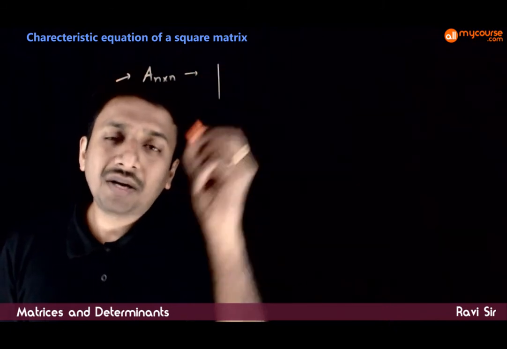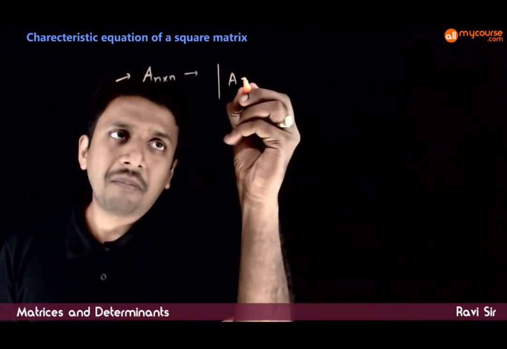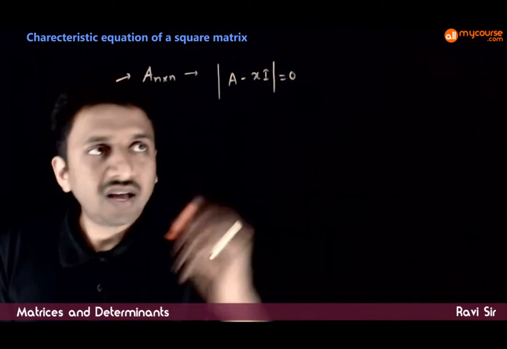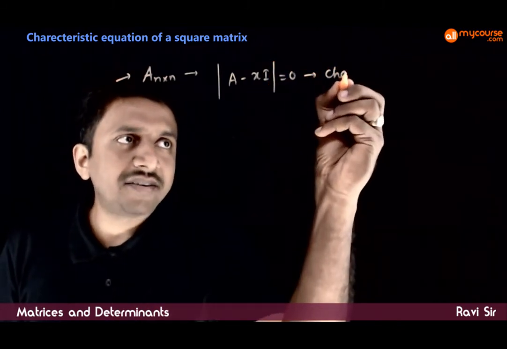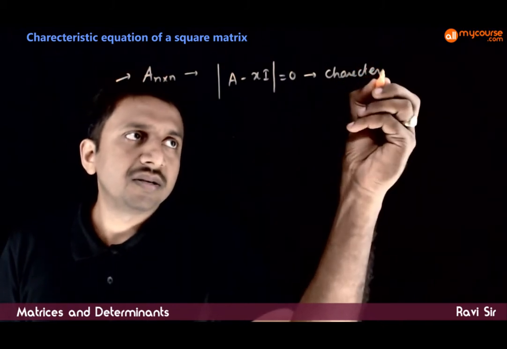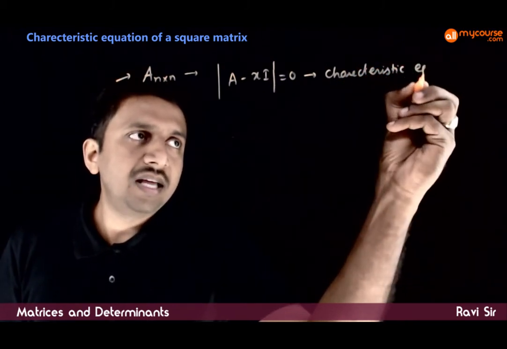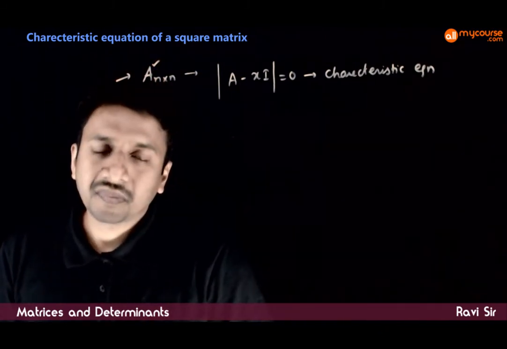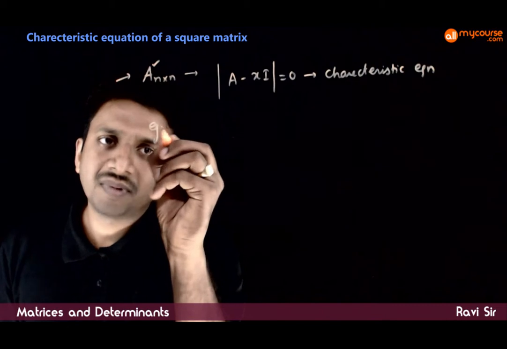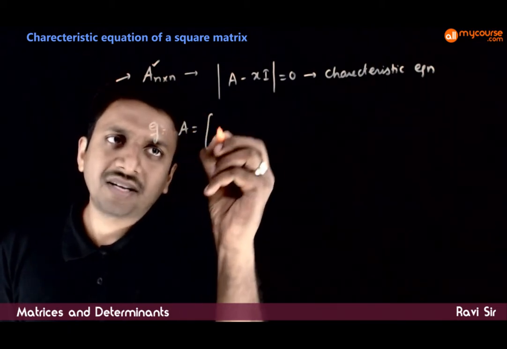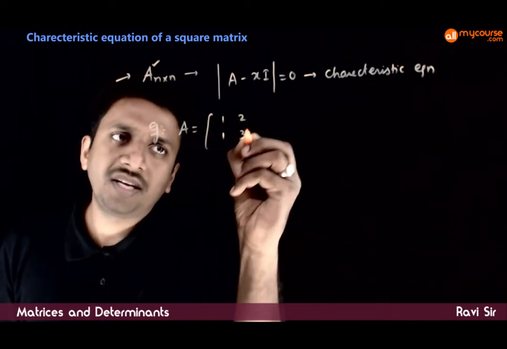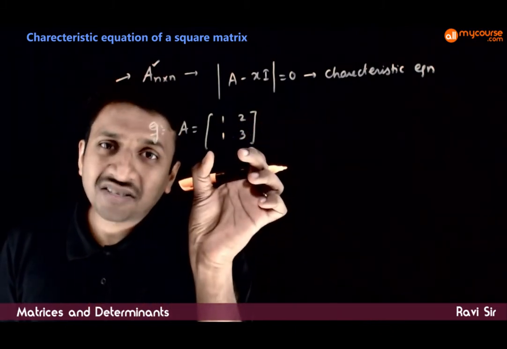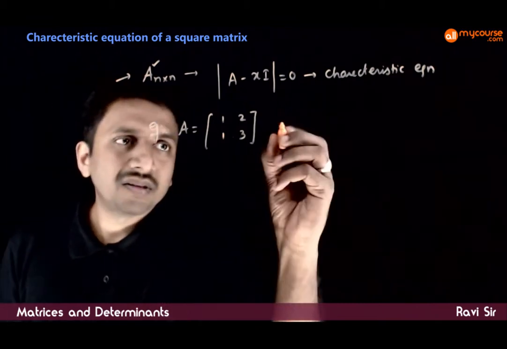Now, determinant of A minus xI is equal to 0 is called the characteristic equation of the matrix A. For example, if A is the matrix 1, 2, 1, 3, what is the characteristic equation of this matrix?